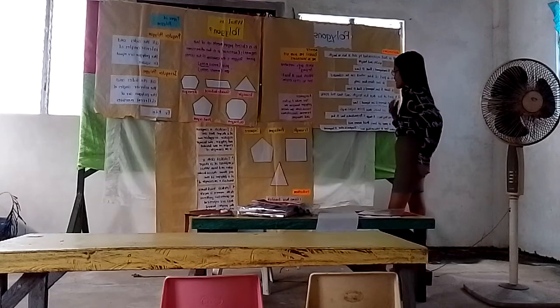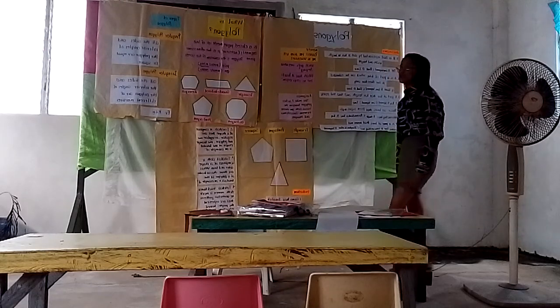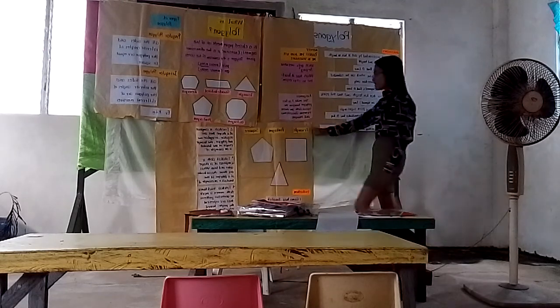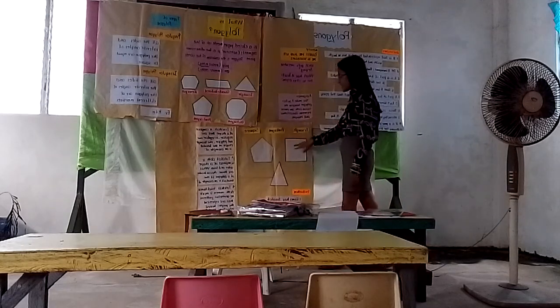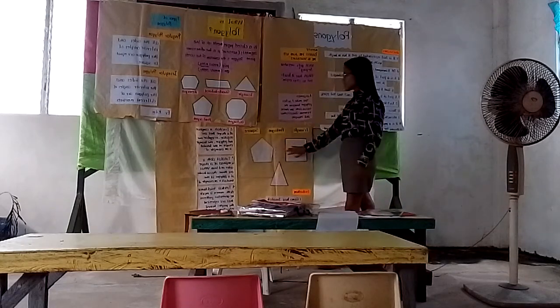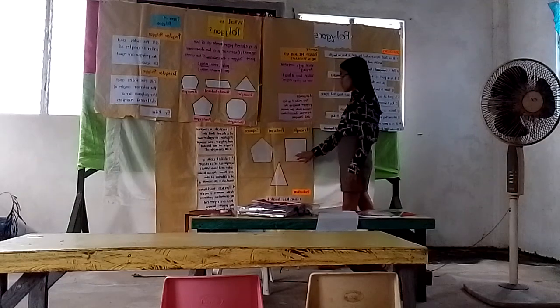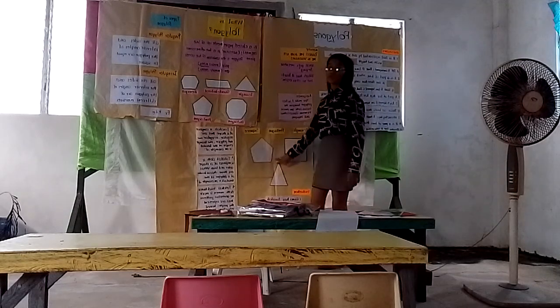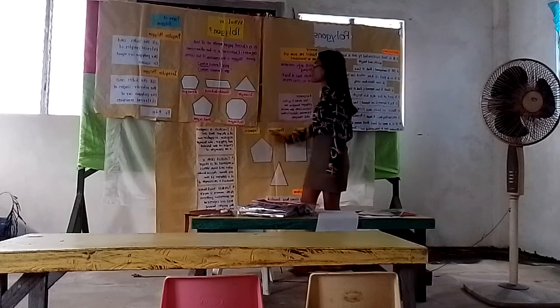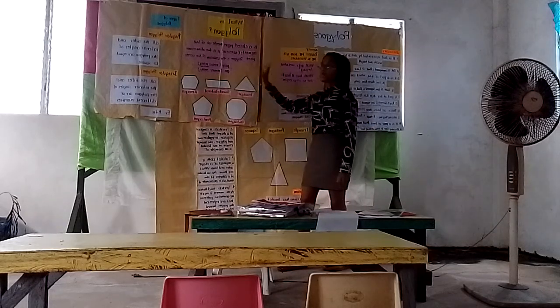Next, I have here questions that you are going to answer. I have here pictures and you will guess the name of each picture. This is my example of the polygons.